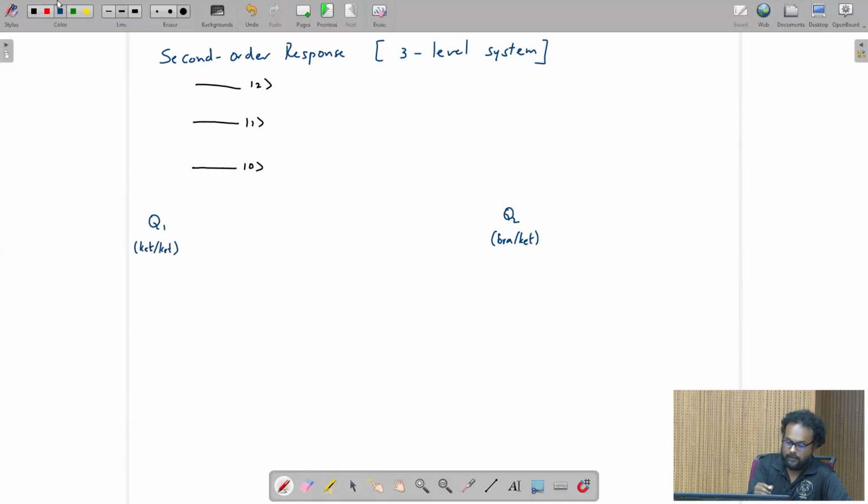Right? So now let's construct the Feynman diagram here for Q1. Start from 0, 0 again. It has to be a ket interaction. I'm acting like this. This is my ket. This will raise to 1, 0. The second interaction is also ket in this particular correlation function.